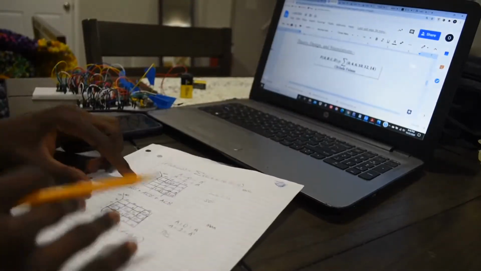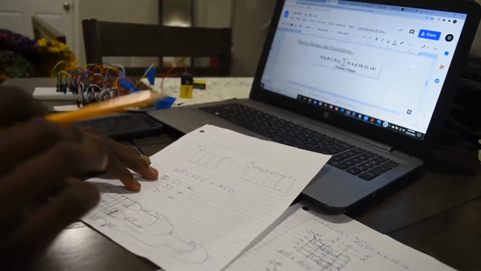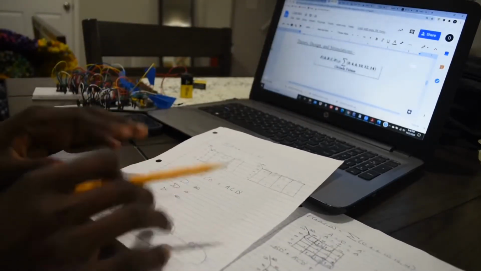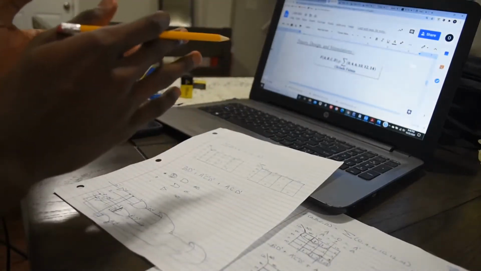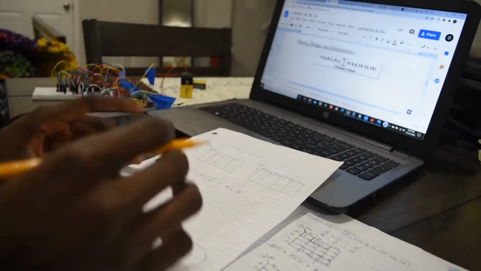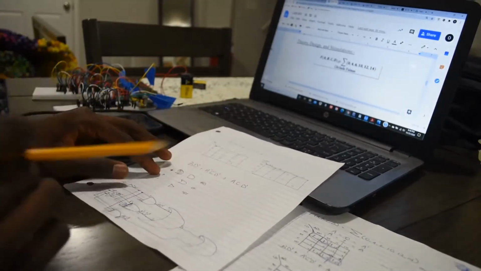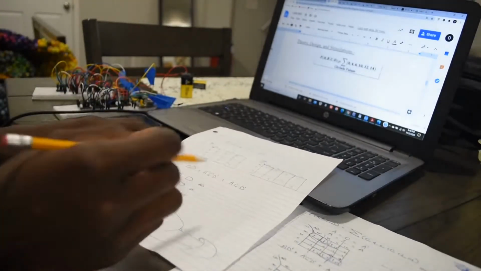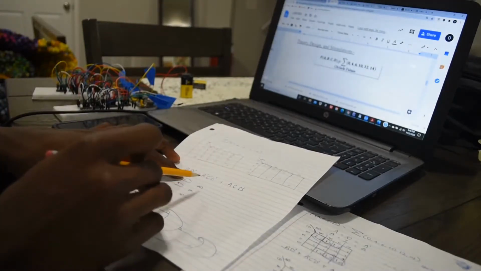Moving forward, I sketched out my circuit on paper before going to Multisim. We know that when you are multiplying, you have an AND gate.